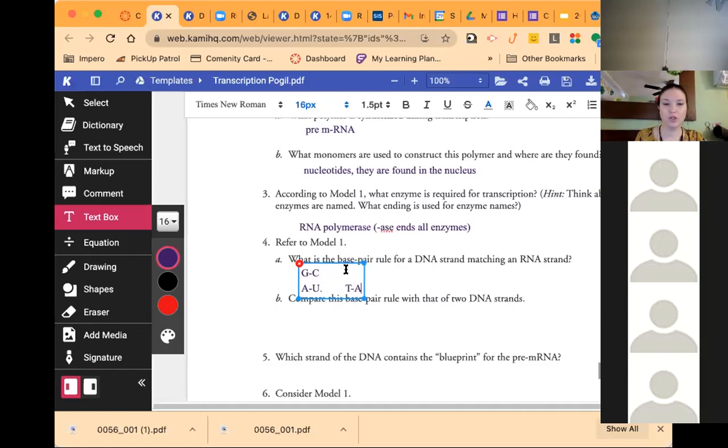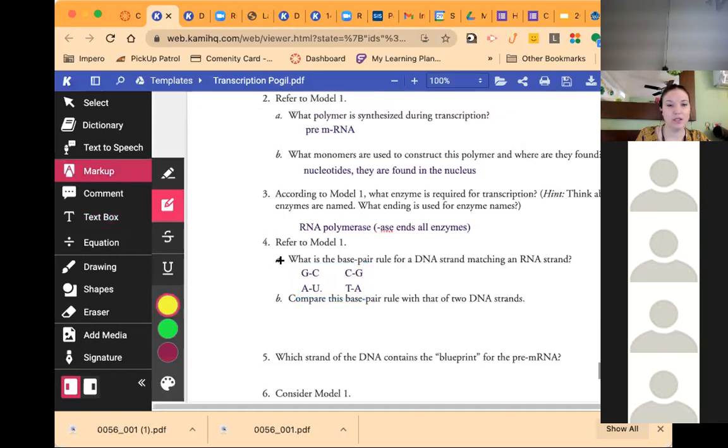Cool. Again, we are going to highlight this because this is the thing that you need to be able to do. So highlight that. All right, good job, Josh.